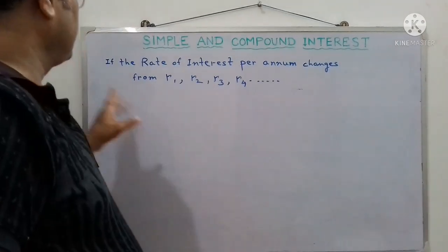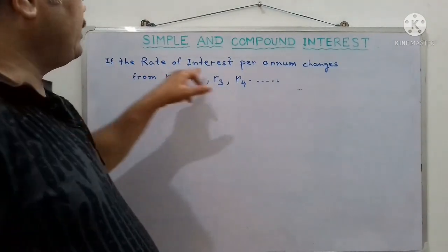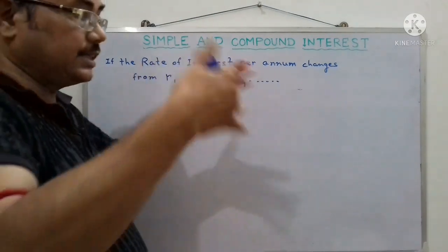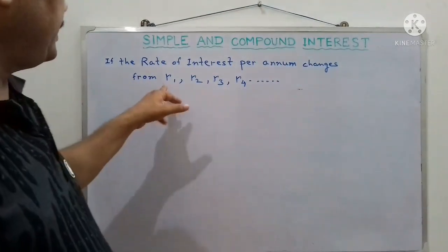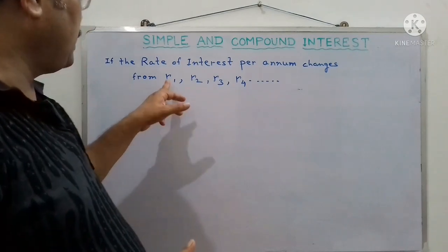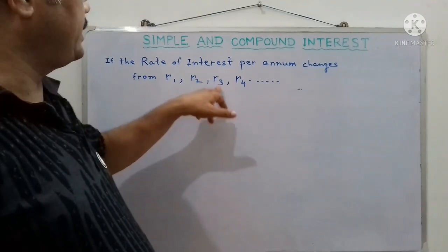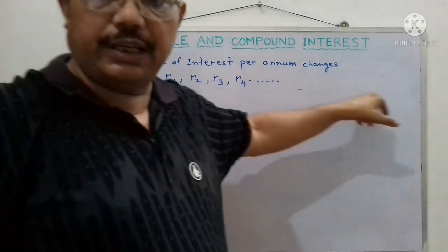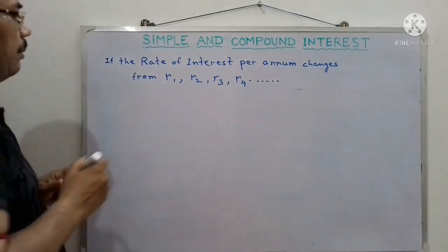One more thing, suppose the rate of interest per annum changes. That means for successive years the rate of interest starts from R1, then for the next year R2, then for the next year R3, then R4 and so on. Then what will be the amount?